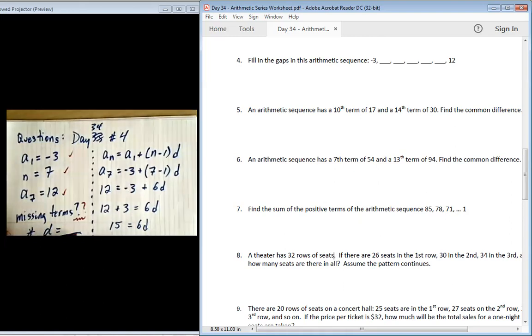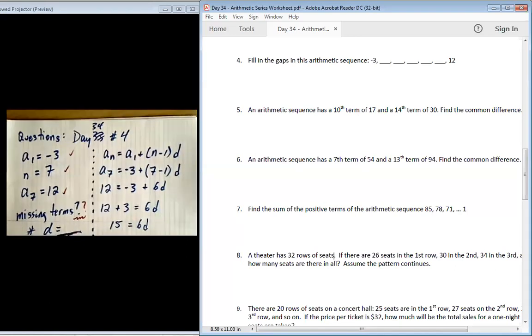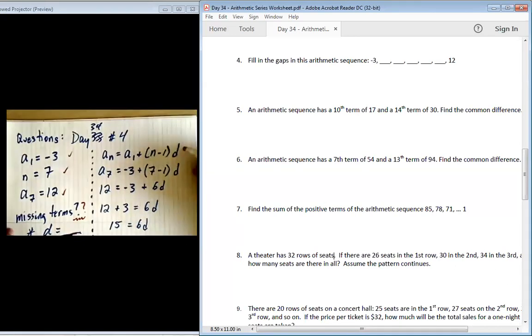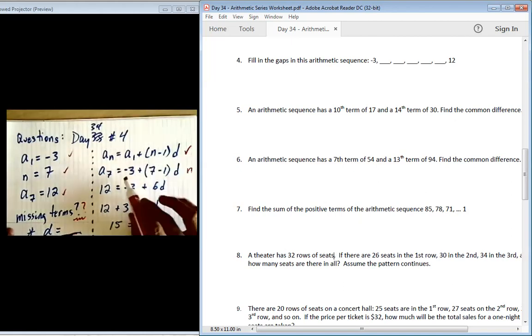Okay, we've got to figure out what D is. So with what we have, our sequence formula can work. So we start by writing it down. We replace N in this step here along with A1, and then just update it so we have nothing but numbers. We have D only now, and we just do our algebra in order to solve it.